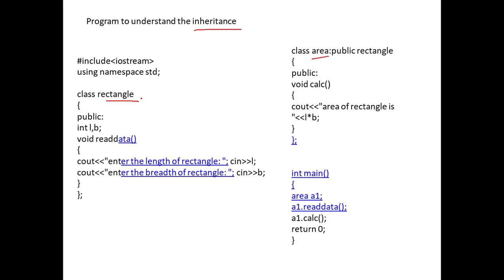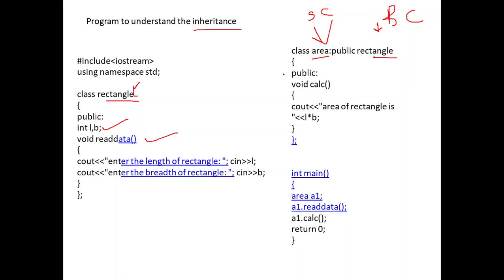In this rectangle class, there will be some data members, length and breadth, declared as public, and a member function void read data, where we have to read it like cout enter the length of the rectangle, cin L, cout enter the breadth of the rectangle, cin B. Now we will declare a subclass, where our subclass is area and our base class is rectangle.